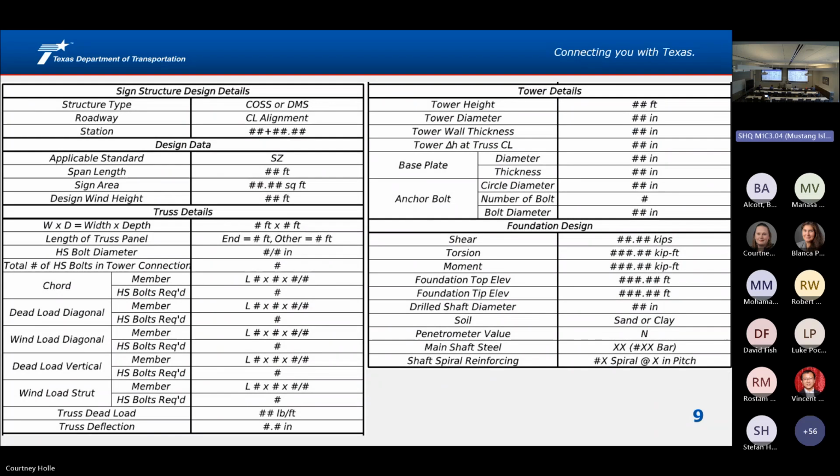The penetrometer value. Yeah, that might need to be updated. I will defer to Ryan on what we need to do there. This is just based off of what we have out there now. With the new LRFD requirement, we'll have to evolve that. I'll let him decide all that and then I'll just do the work. Soil is voodoo to me.